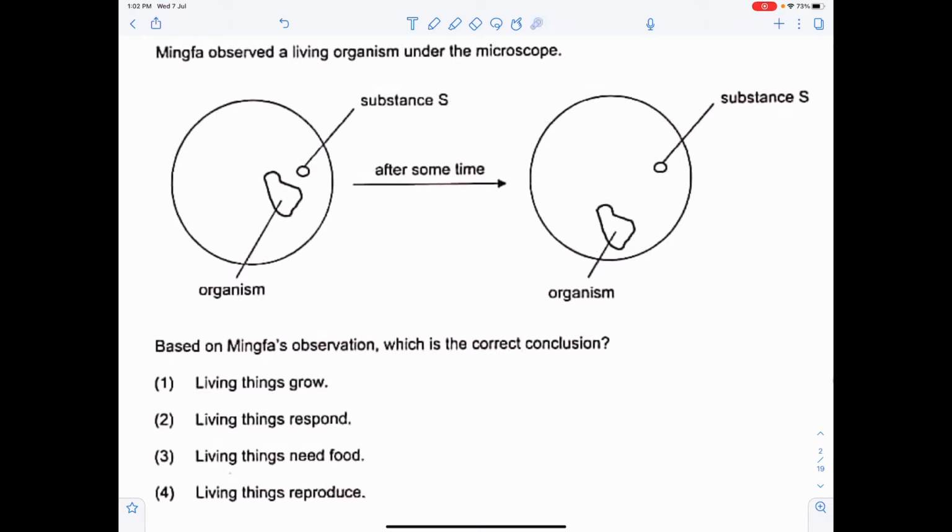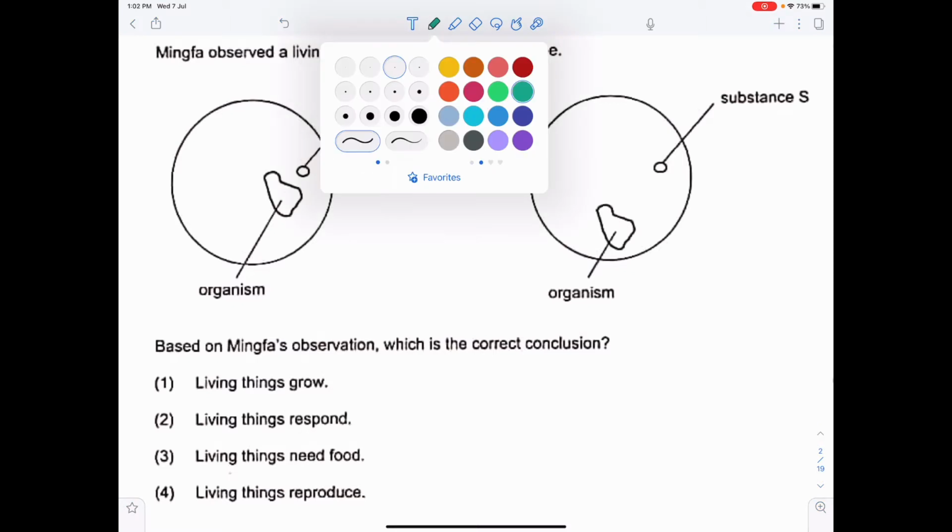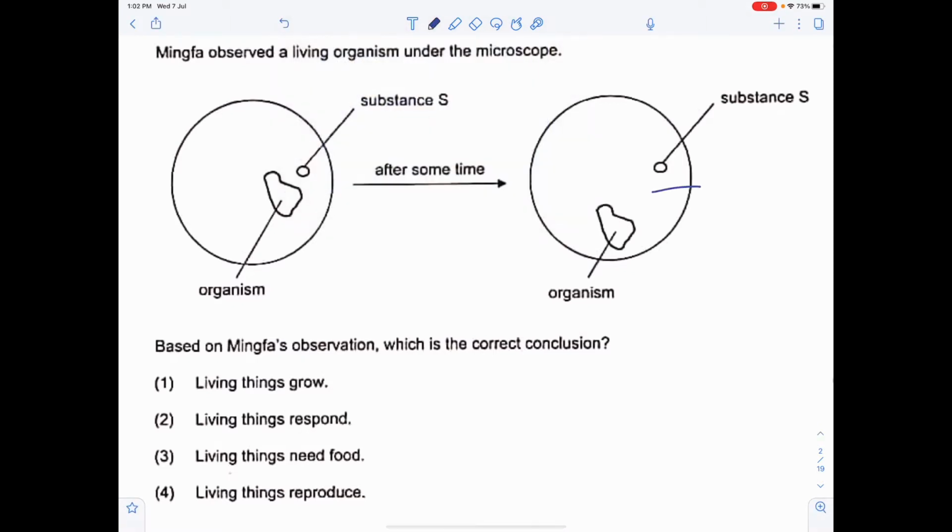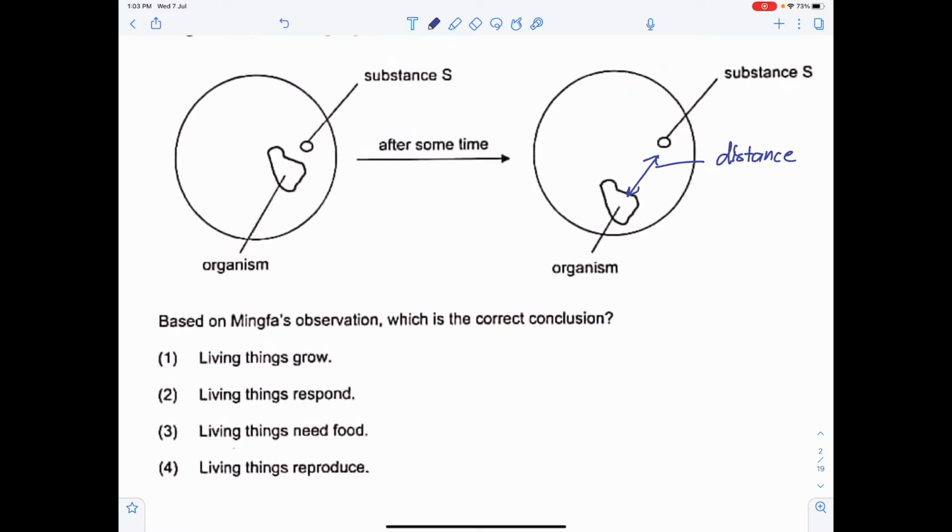The difference would be that after some time, the distance actually moved. That is the main difference. So if I were you, I will annotate it. So this is the main difference. Run down the options and see which is correct, which is wrong.